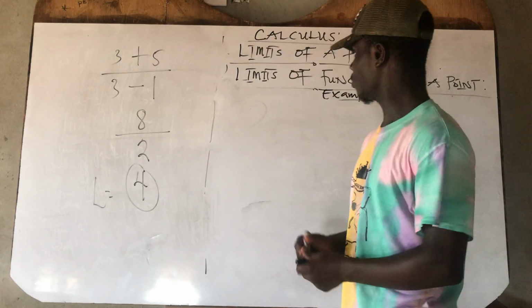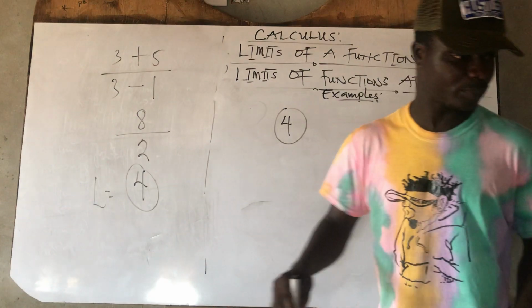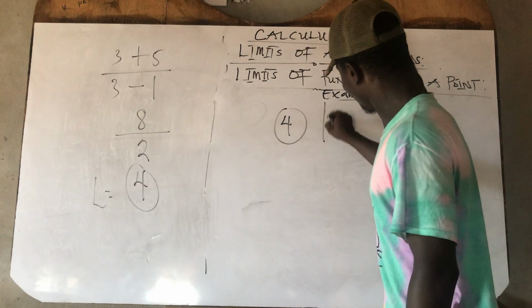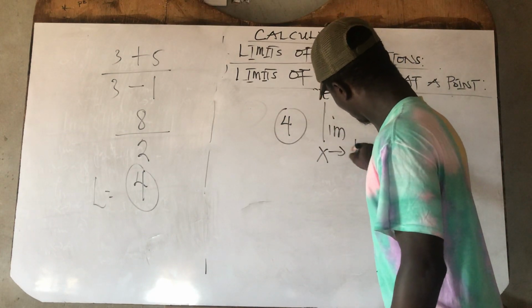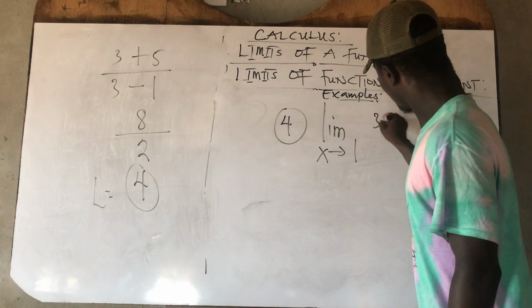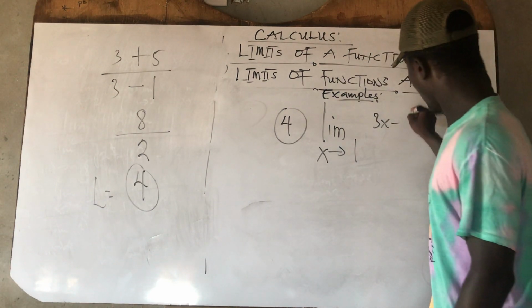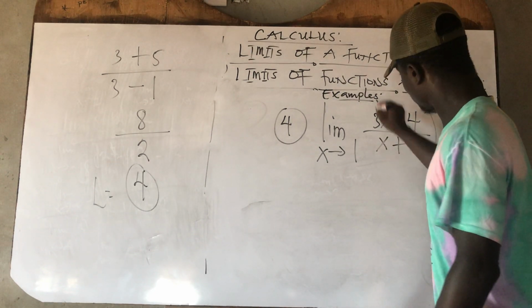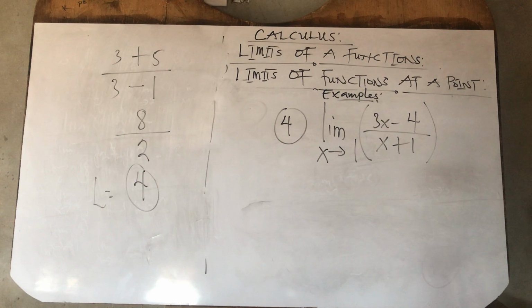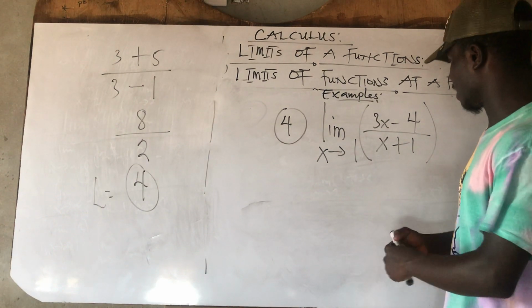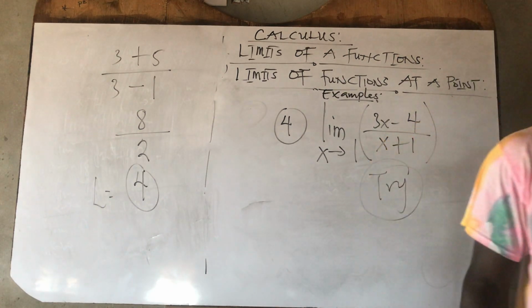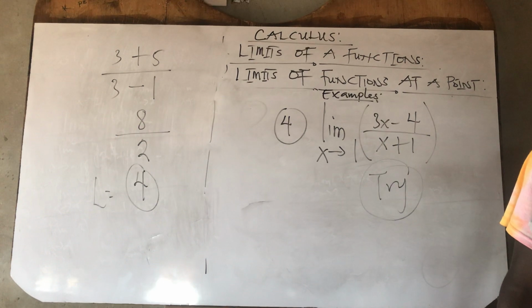They said evaluate the limit as x approaches 1 of 3x minus 4 all on x plus 1. So you try that yourself.